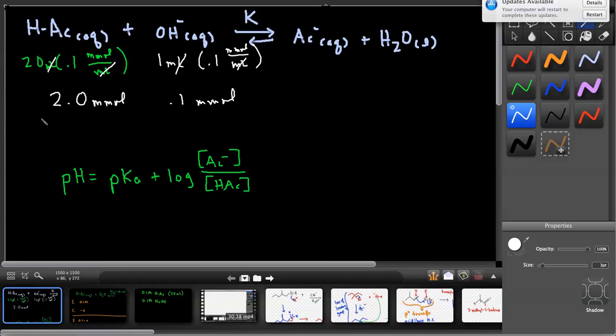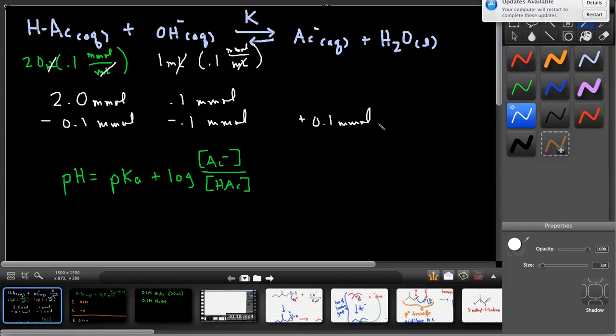What this means is that I will neutralize 0.1 millimoles of my acid. Of course, by doing this, I will also consume all of my base, and I will produce 0.1 millimole of acetate anion.